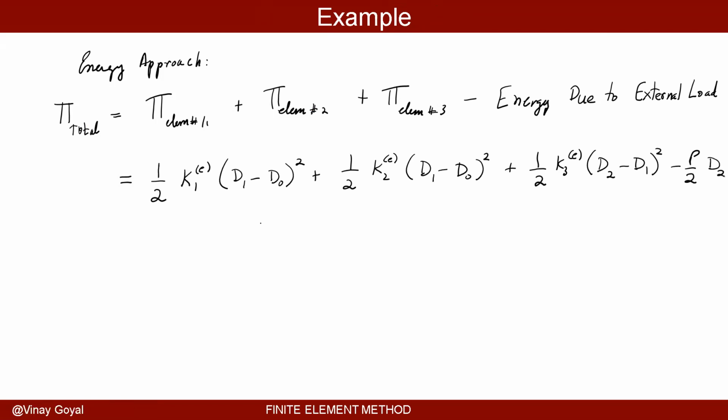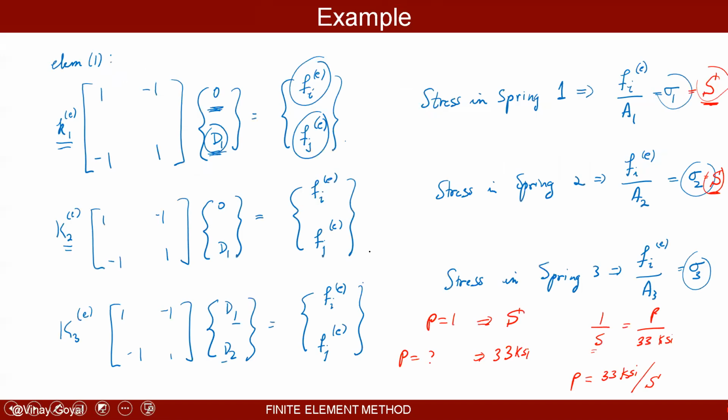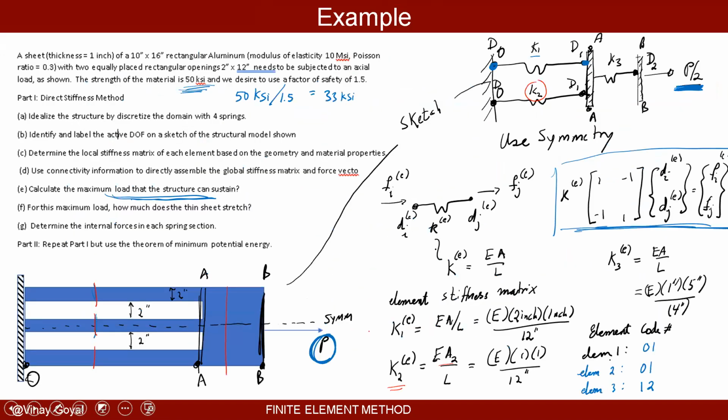And the energy due to the external load: the external load is P over 2, because remember that we are considering the symmetric case, and we multiply this by the displacement at that node, which is D2.